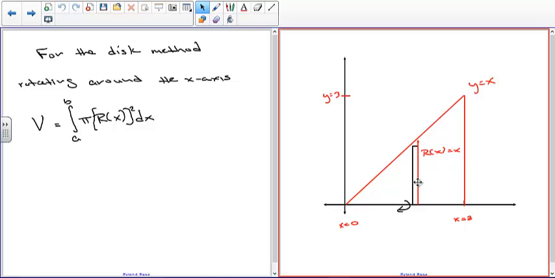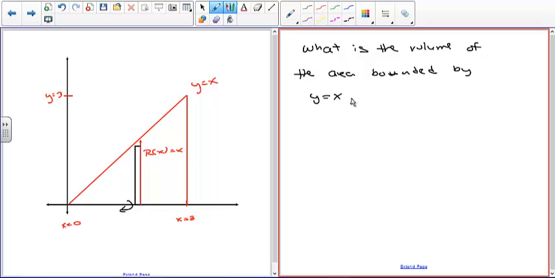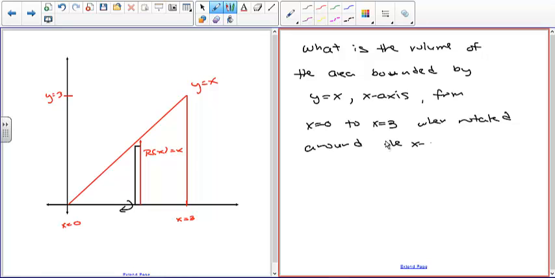So the way we would ask this question is, what is the volume of the area bounded by y equals x, the x-axis, from x equals 0 to x equals 3, when rotated around the x-axis?